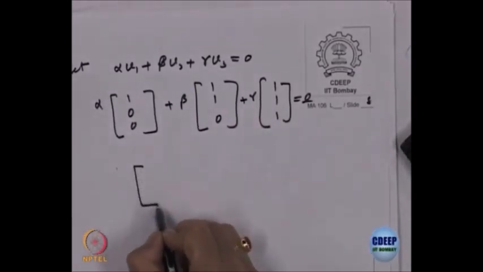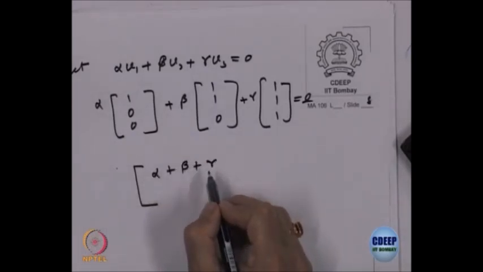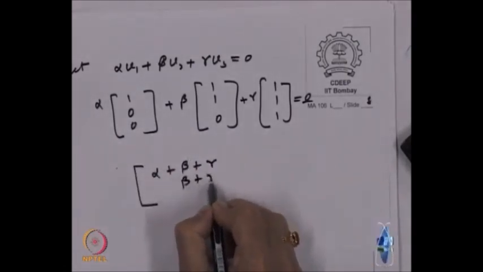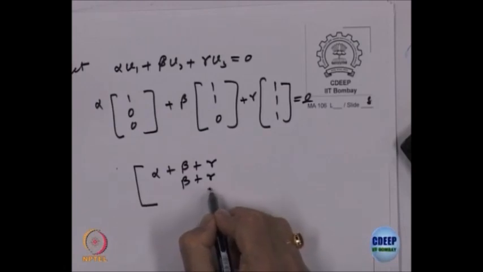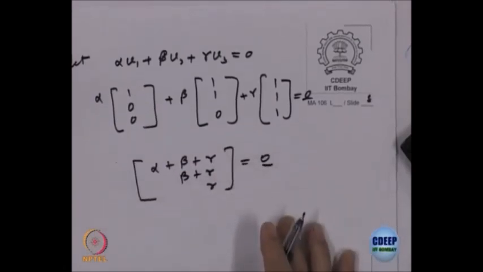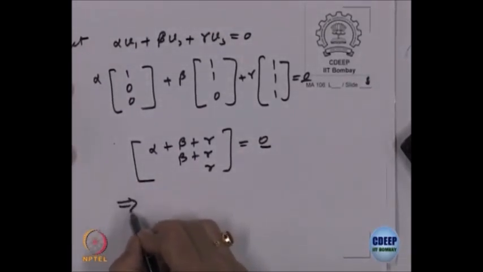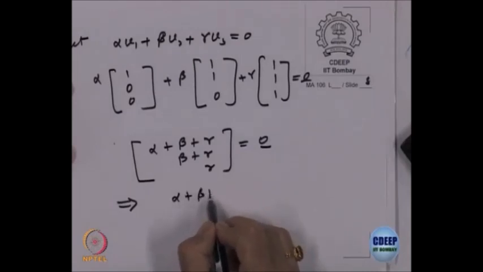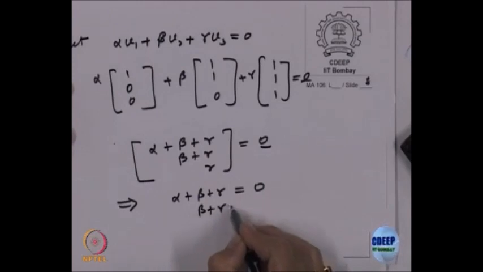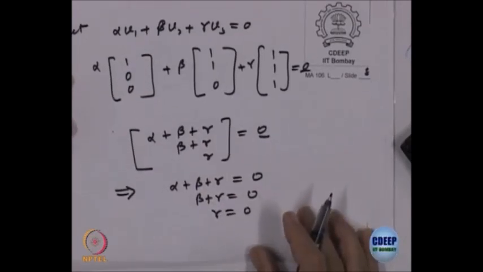It means alpha plus beta plus gamma is the first element, beta plus gamma is the second, and gamma is the third, and these should be equal to 0. I have just added those vectors. That means the first equation, alpha plus beta plus gamma, should be 0, second beta plus gamma should be 0, and third says gamma should be 0.